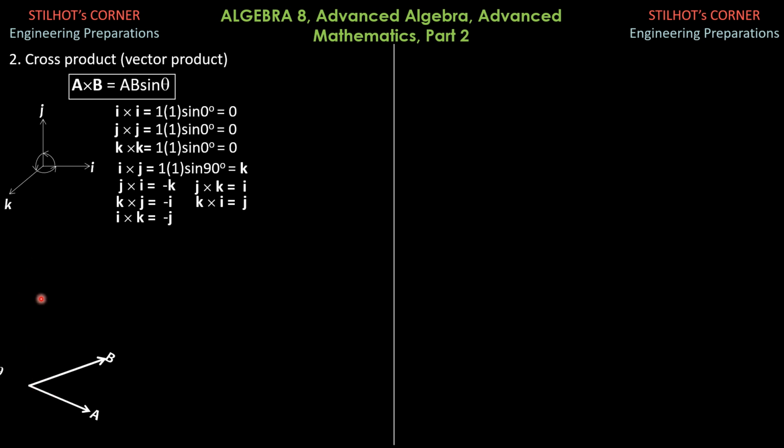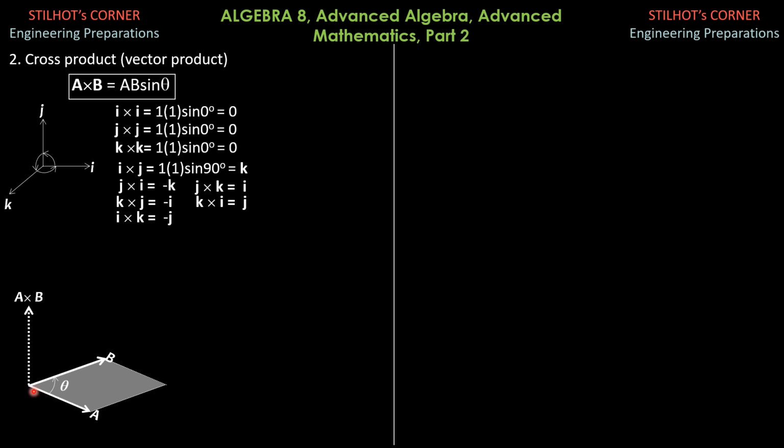And that is A cross B. So this is A cross B, and by principle, A cross B is another vector perpendicular to the plane of A and B.